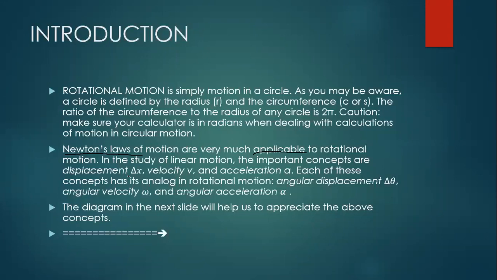When we talk about linear motion, we're talking about an object moving in a straight path. But when you talk about rotational motion, as I already said, we will be talking about an object moving in a circle, or in a circular path. So we have some parameters that you are familiar with: displacement, velocity, acceleration.